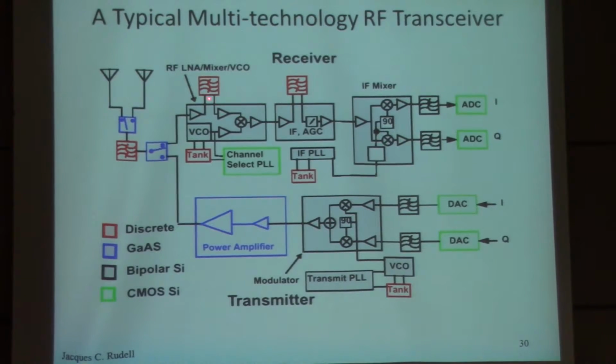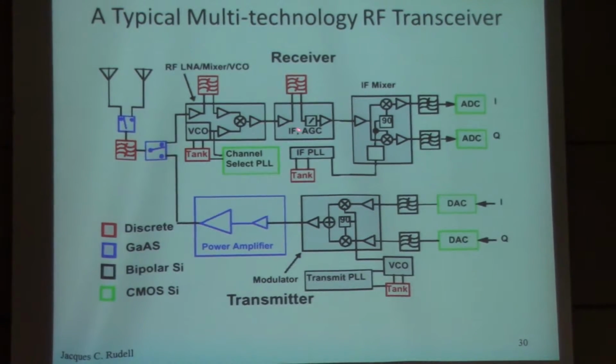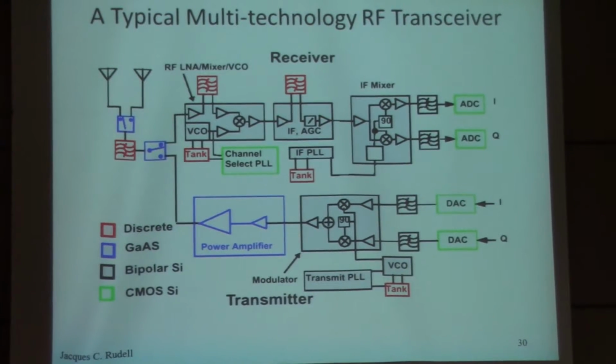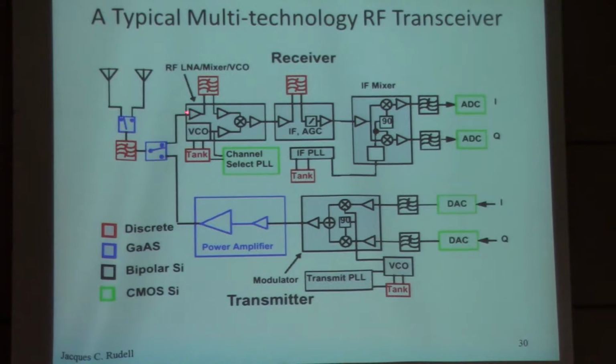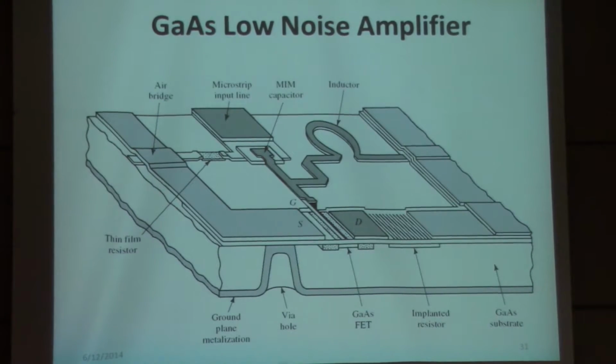for you to be able to design these systems, you need to work on the circuit modules, right? Such as a low noise amplifier, gallium arsenide. Because this is multi-technology, you probably use ADCs and DSPs from CMOS. Probably your low noise amplifier is from III-V material, like gallium arsenide I just mentioned.